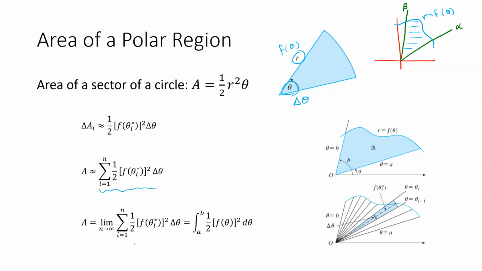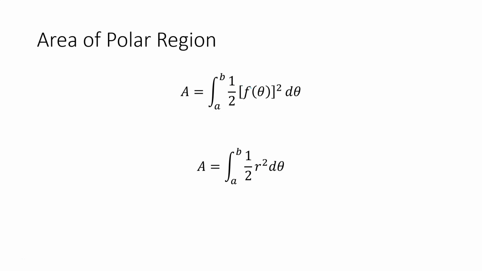Okay, so this is a Riemann sum that turns into this integral, and so this will be how we find the area of a polar region, a region bounded by a polar curve. Or here we can think of it as our polar region.